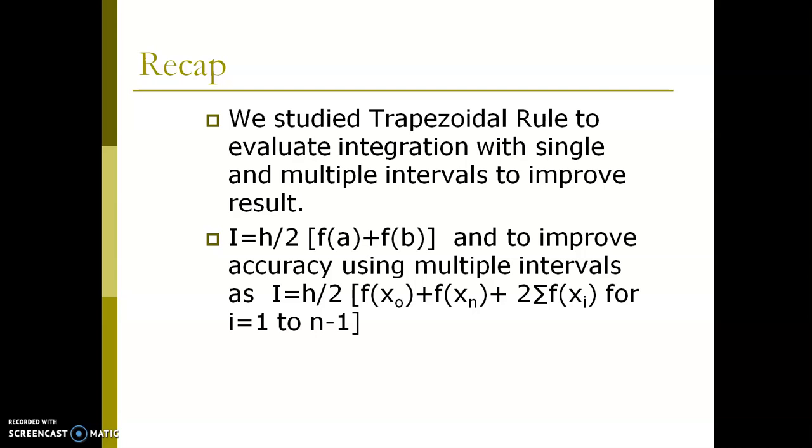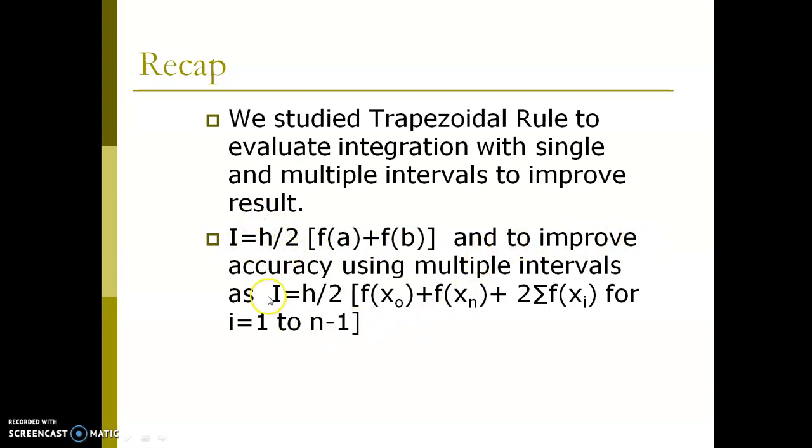This method was using 2 points, and so the formula suggested for the trapezoidal rule is I equals h divided by 2 into f(a) plus f(b), which are the function values given at the starting and ending point of the interval. Now this is the normal trapezoidal rule, which is using a single interval, b minus a, as the h value.